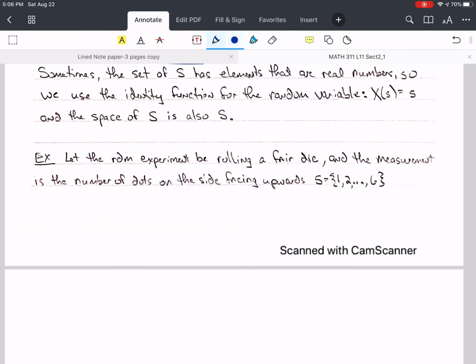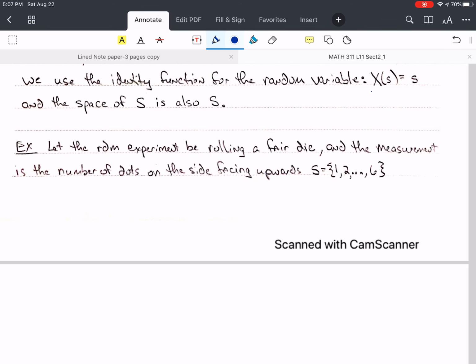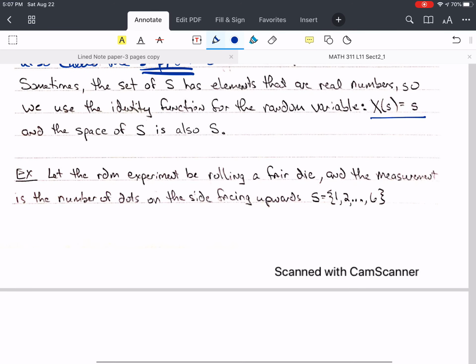Sometimes the elements of S are real numbers, and a lot of things do that. If we're measuring heights of adult males, then we're going to measure that with a tape measure, whatever measuring device we use, and it's going to give us a number. So in that case, we can use an identity function for X. And this is what confused me for a while, that most of the experiments had numbers as an output.